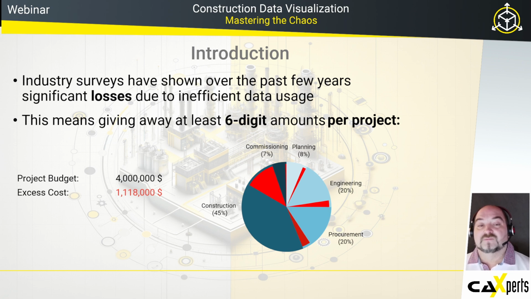So, truth be told, this is not all due to inefficient data usage, but still 25% of that approximately is due to inefficient data. So, we're talking about $280,000 in a $4 million project. That's about 7% of costs that could be easily saved here.